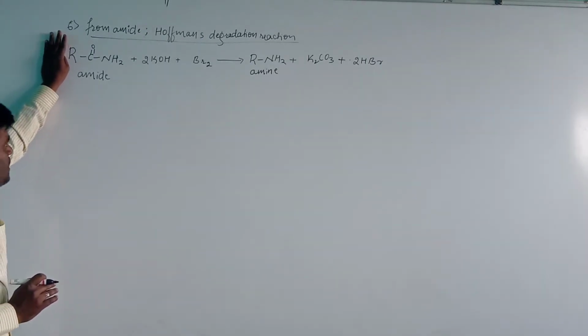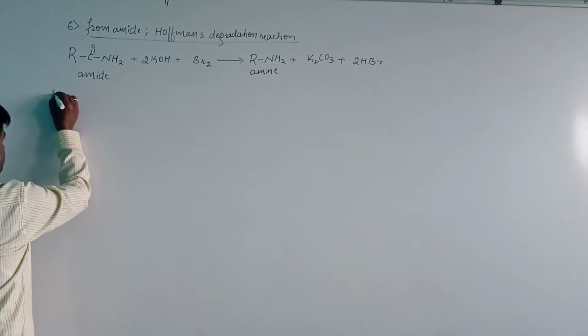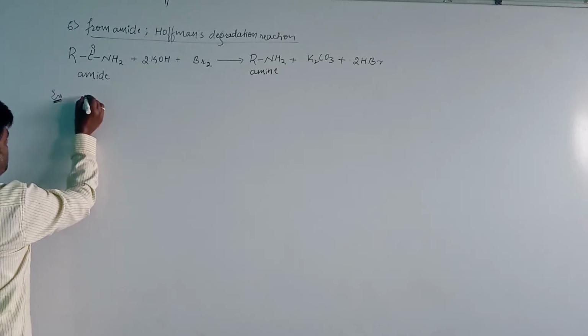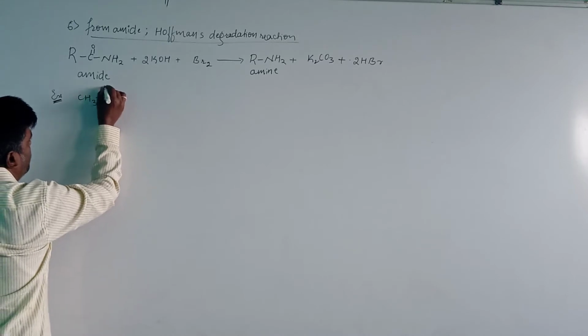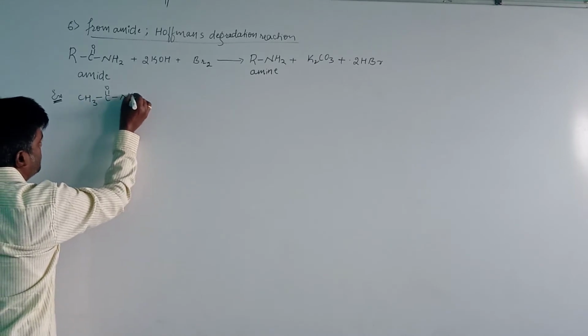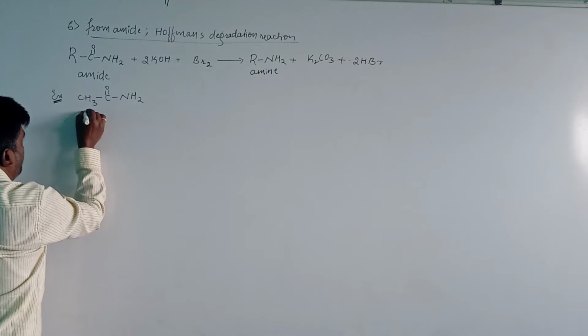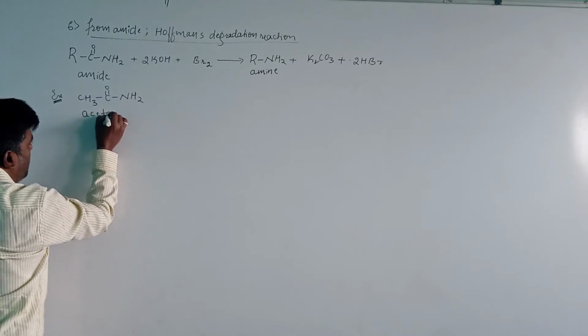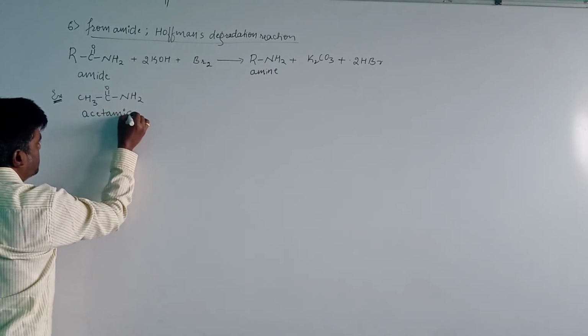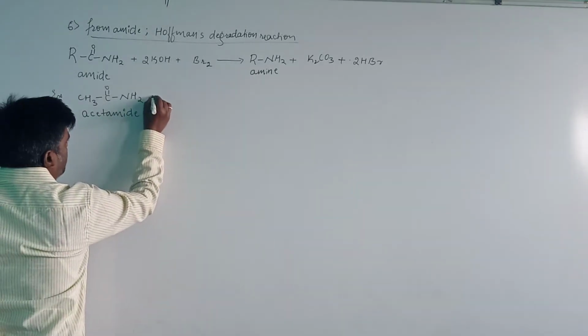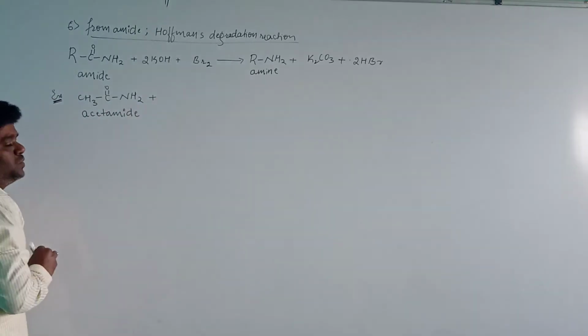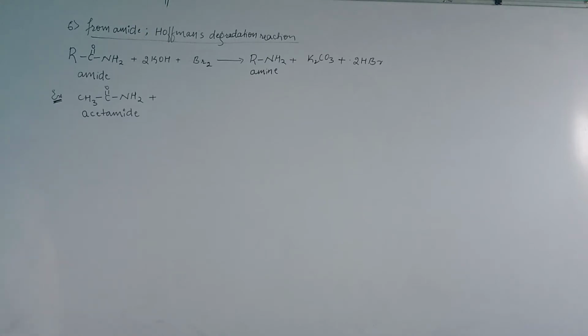Then let us take a particular example here. It is CH3 C double bond O NH2. This compound is known as acetamide. When the acetamide reacts with an alkali solution, we are taking potassium hydroxide here.